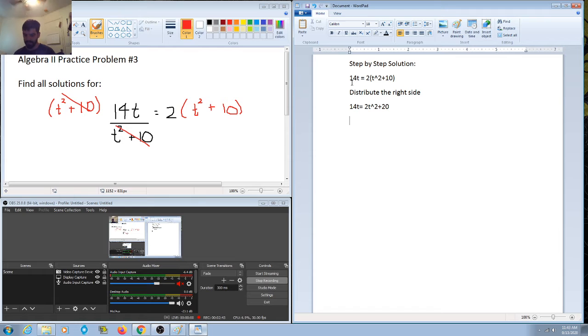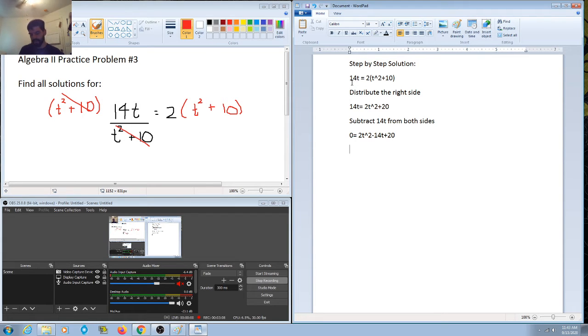So I'm going to subtract 14t from both sides. And I'm going to get 0 is equal to 2t squared minus 14t plus 20. But like I said, I'm more comfortable with 0 being on the right.